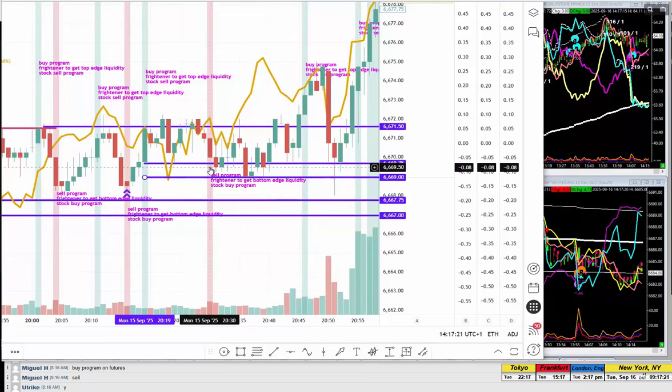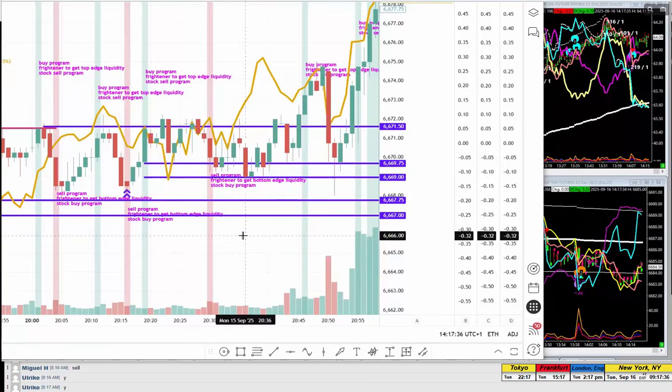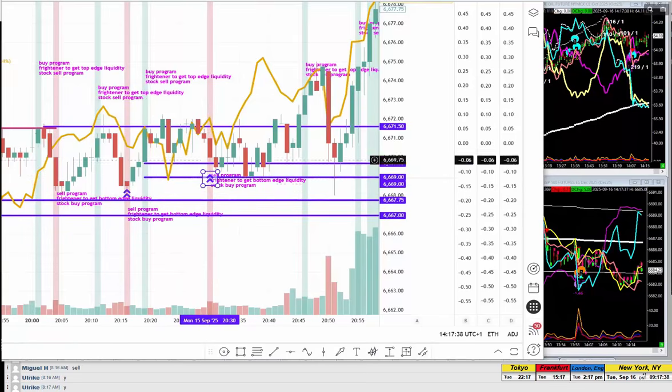Looks like a stock buy program, doesn't it? So that would be right. A stock buy program in the same location as a futures buy program. Seems very reasonable that that might be the case. And you could pick up an opportunity to start bidding into this higher print price area.